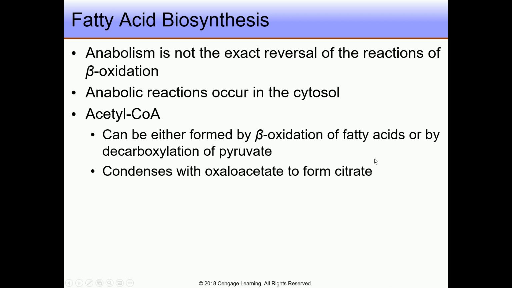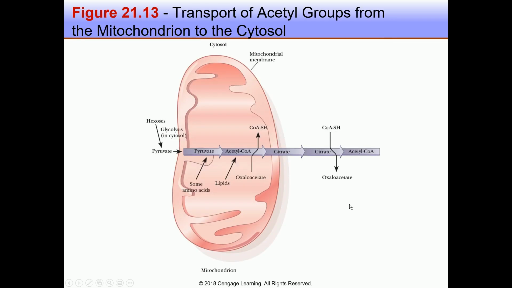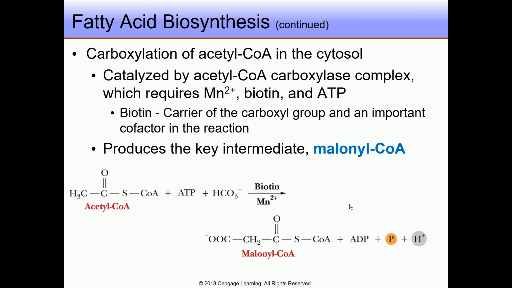So acetyl coenzyme A can be formed either by the beta oxidation of fatty acids or by the decarboxylation of pyruvate. If you remember, pyruvate gets converted into acetyl coenzyme A, and this acetyl coenzyme A condenses with oxaloacetate to form citrate. In fatty acid biosynthesis, the first step is the carboxylation of acetyl coenzyme A in the cytosol.